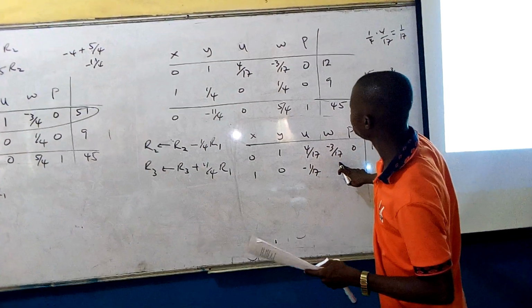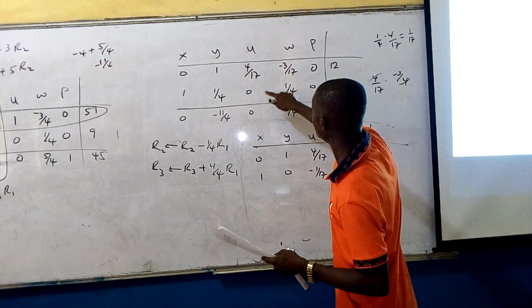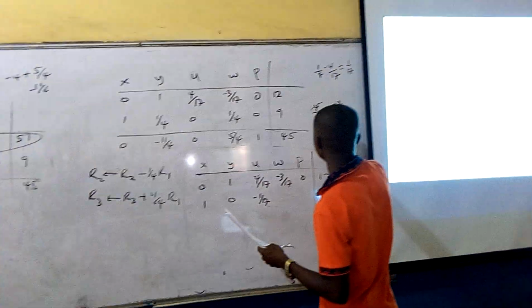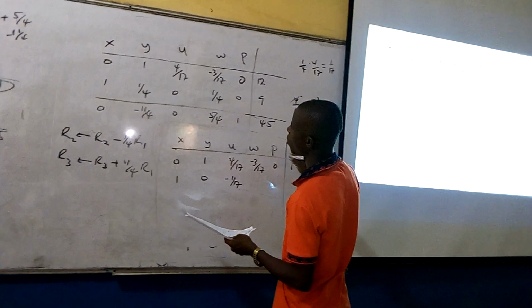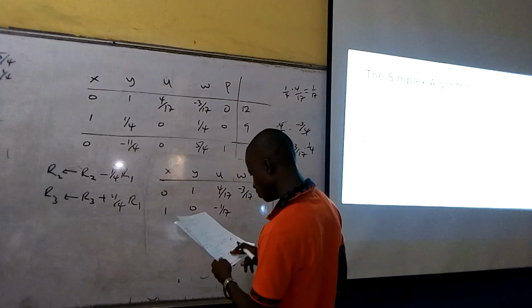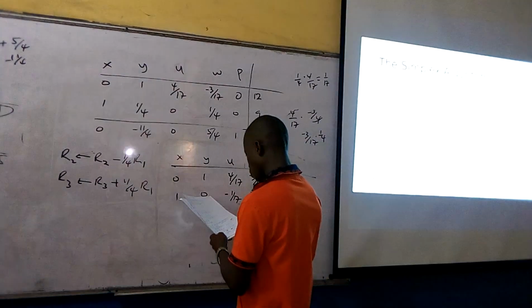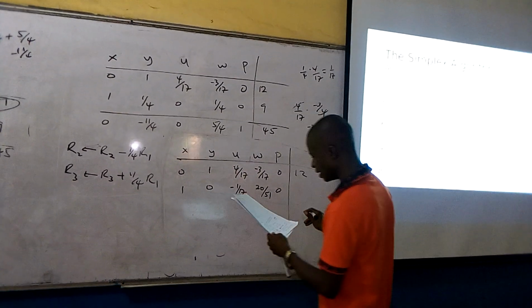Then the next one, R1. So negative 3 over 17 times 1 over 4. Then this minus that. And when you calculate, you get 20 over 51. This will give you 0.